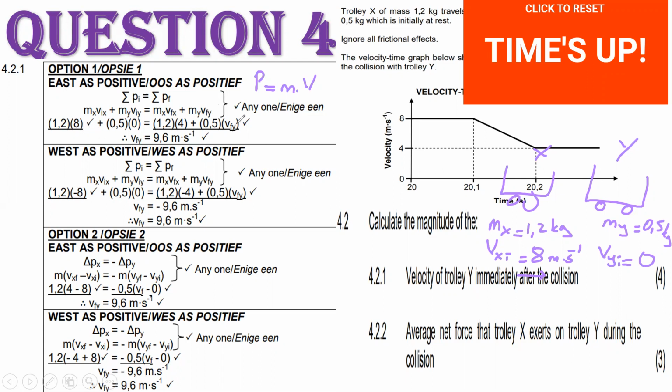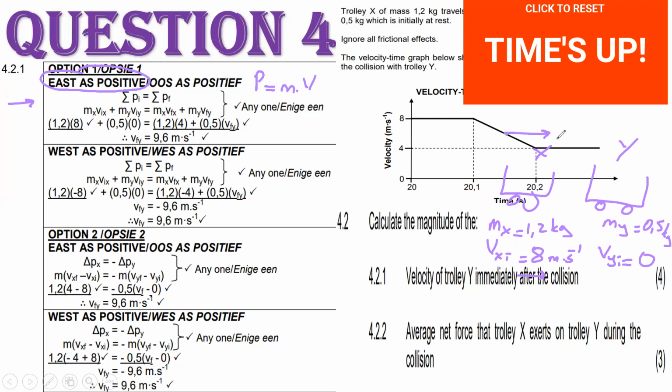And then we use east as positive. This is very important to get the correct direction. We must choose which direction we want to use. So this is our formula. And then all the givens: mx is 1.2 kg, v initial x is 8, and it is positive because we said east is positive.